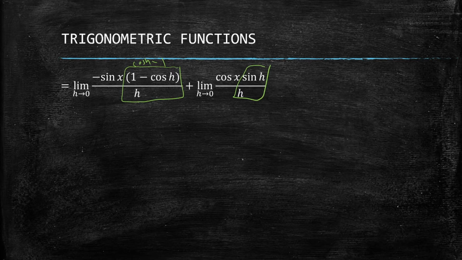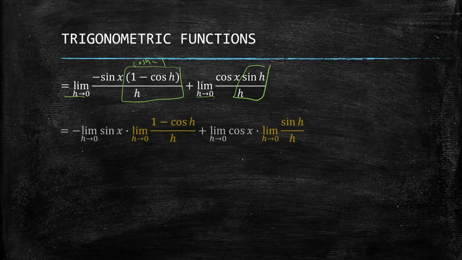Take note that h is approaching 0, so we can apply our previous theorem on limits of trigonometric functions. So we have the limit of 1 minus cos h over h as h approaches 0, which is 0. Take note, this is 0. And we have the limit of sine h over h as h approaches 0. This is 1.